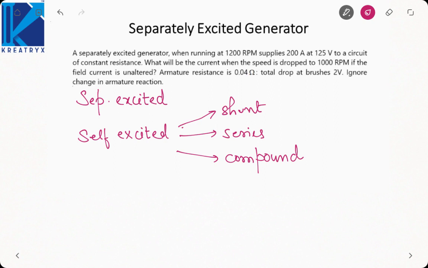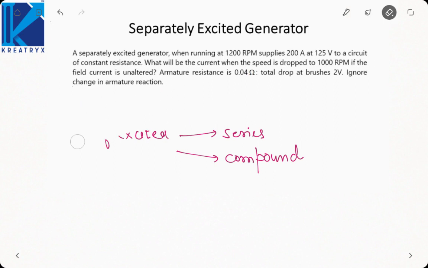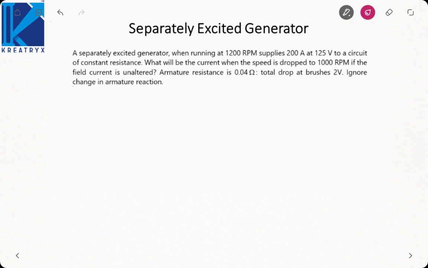So, first let us talk about the separately excited generator. In a separately excited generator, the field winding is supplied from a different source. So, you can assume that flux remains constant. Wherever you come across the term separately excited, the first thing that must pop up in your mind is that the flux will remain constant.